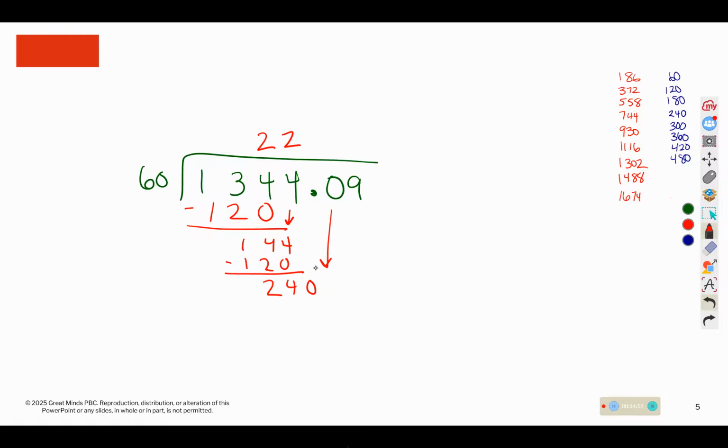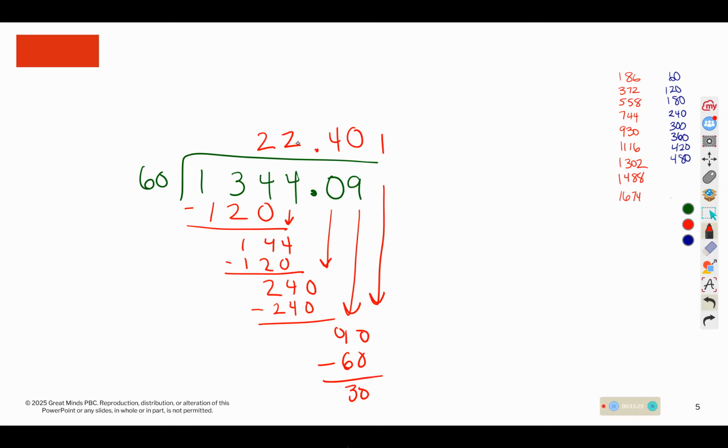It fits into 240 exactly 4 times. It does not fit into 9, but it does fit into 90 once. But that can be changed to 22.4 because the 1 makes it stay, and that is in minutes.